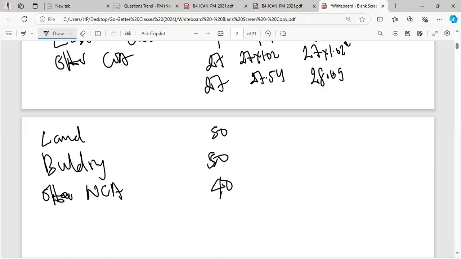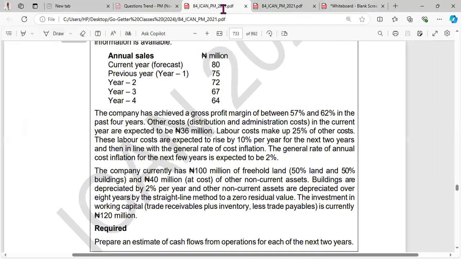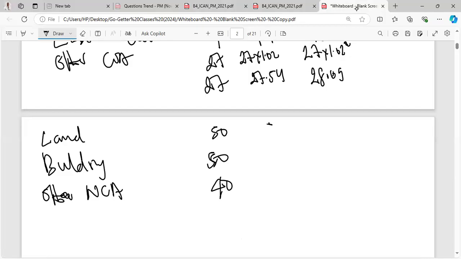And we say that buildings are depreciated 2% per year. What does that mean? For the next year, this one will remain 50, this will remain 50, and this will be 50 times 2% out of 100. That will be 98.